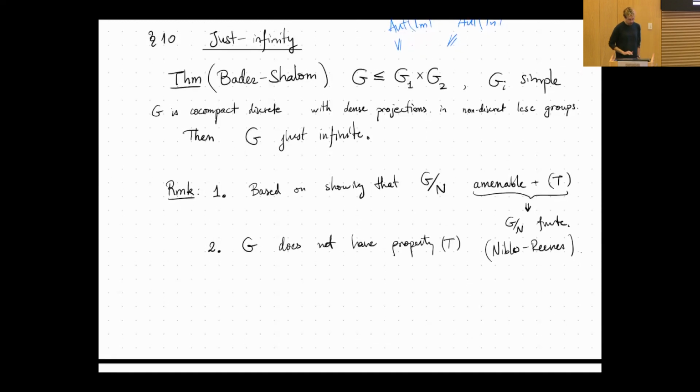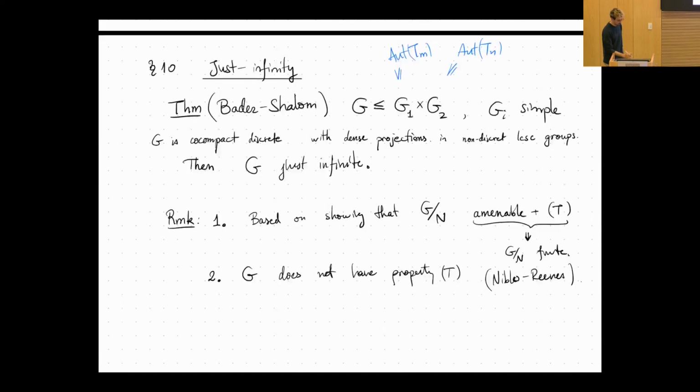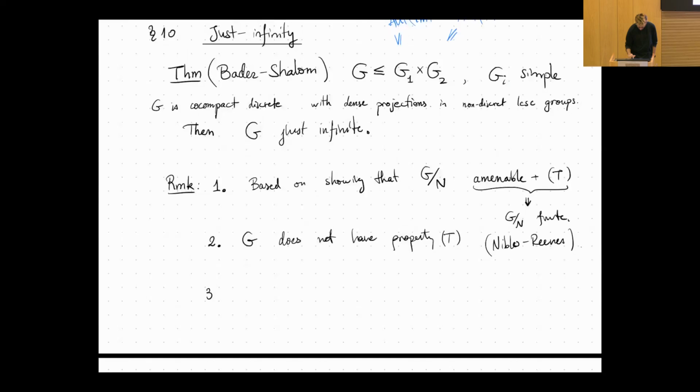We want to use this, but as I told you, we have to identify the right groups to put there. So let me add a third remark: Aut(T_M) is not simple, it's virtually simple.